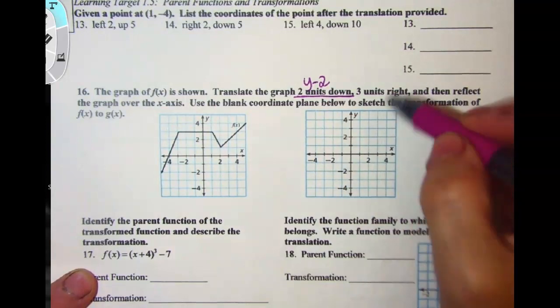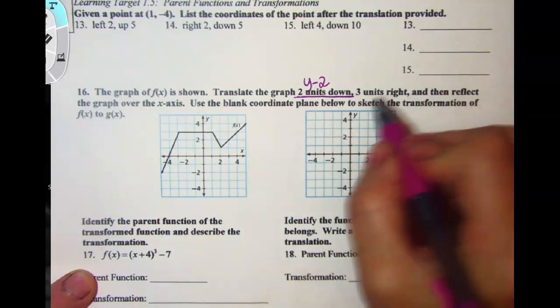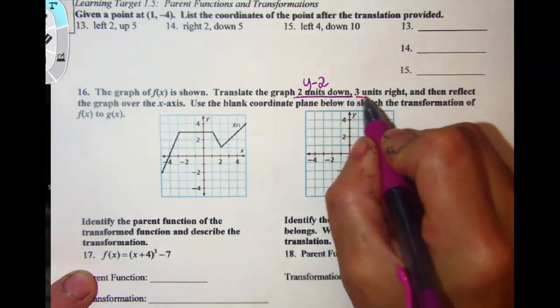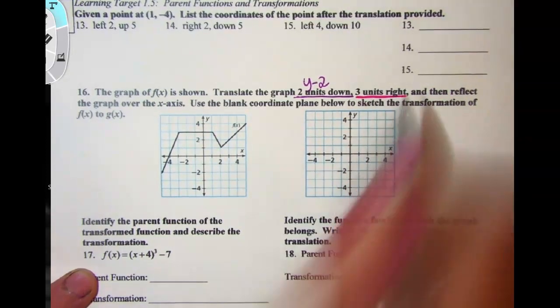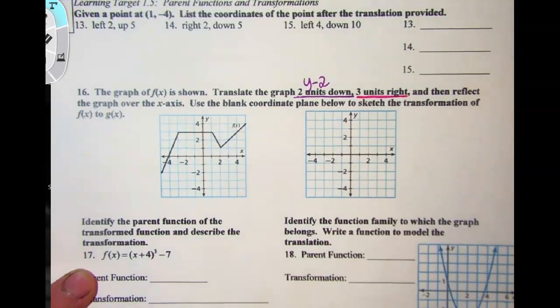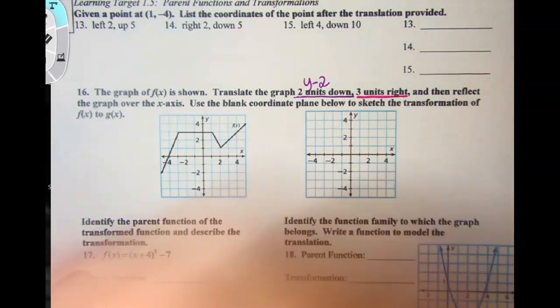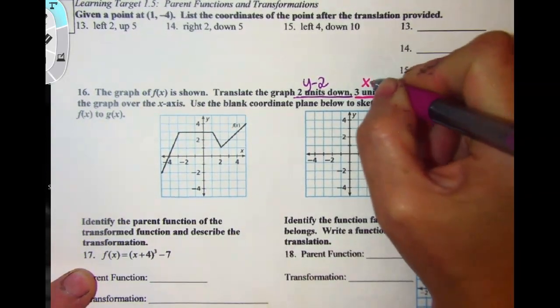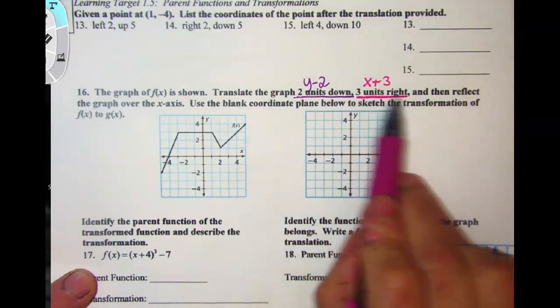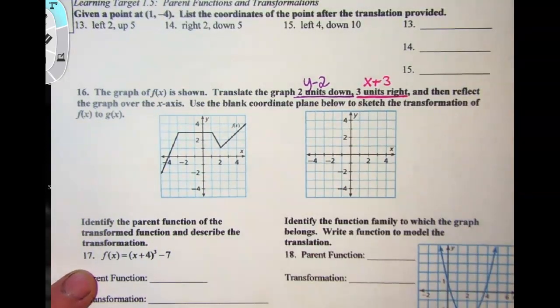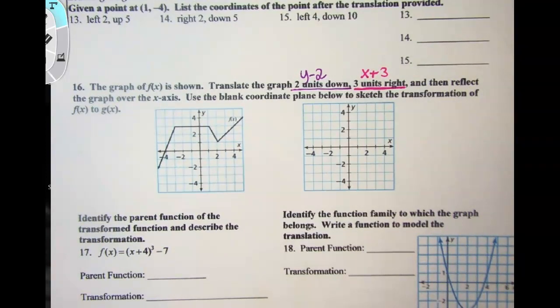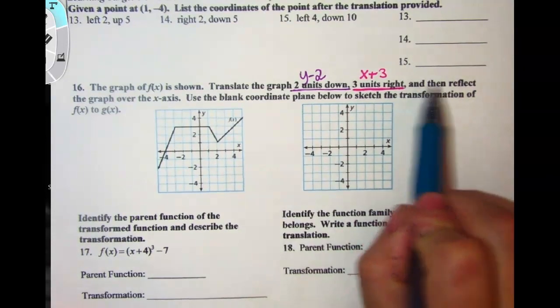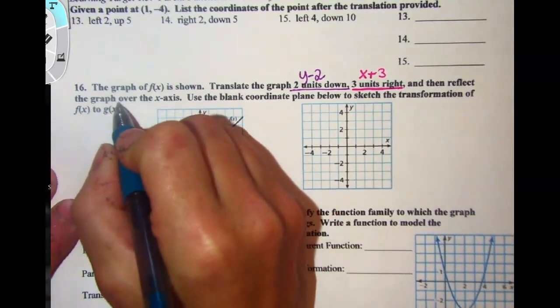Now, then you also have to go 3 units right. We know that right or left means you do it to your x coordinates. So then we have x plus 3 because we're going right, so we're adding. And then what we do after that, it says you then reflect the graph over the x.